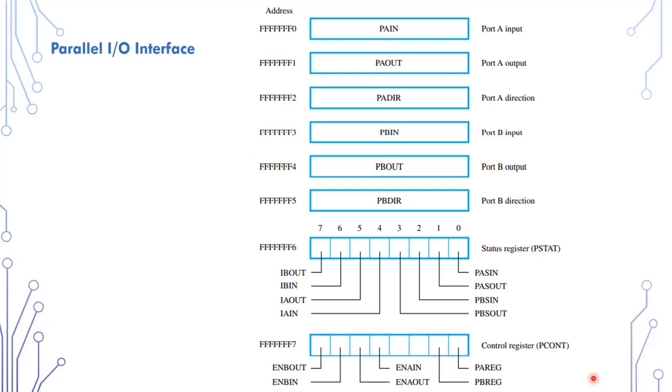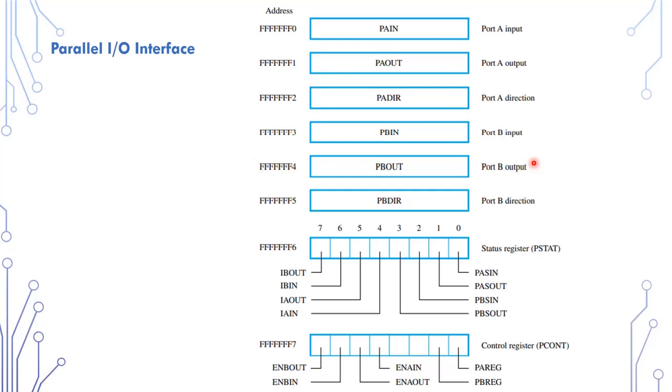When the interface circuit sees CA in is enabled, that is, enable is set to 1, it sets the status bit PAS in automatically to 1. Later, this bit is cleared to 0 when the processor reads the input data into the PA in register. This action also causes the interface to send a pulse on the CA out line to inform the device that it may now send new data to the interface.